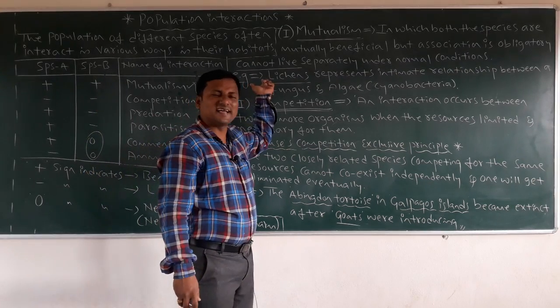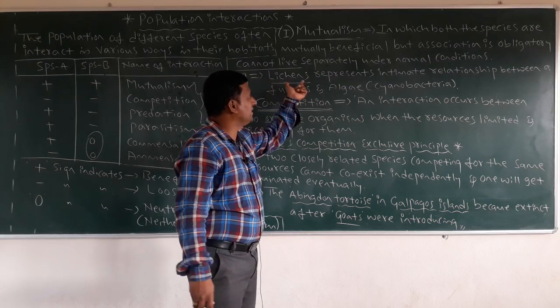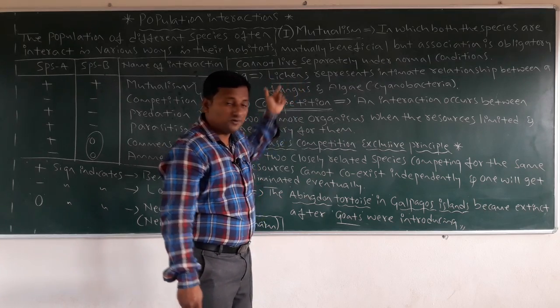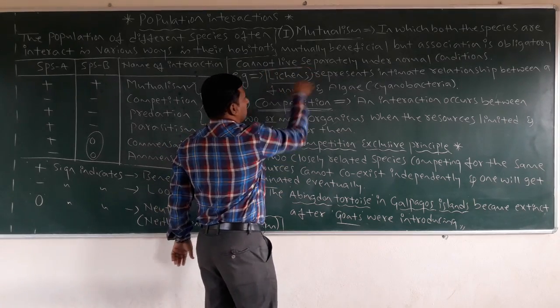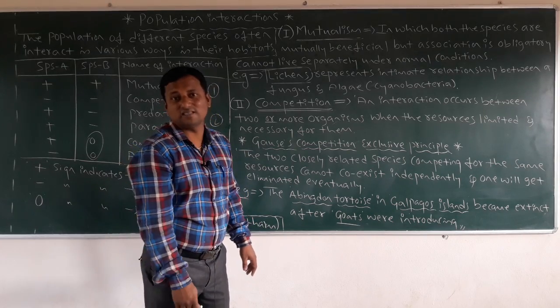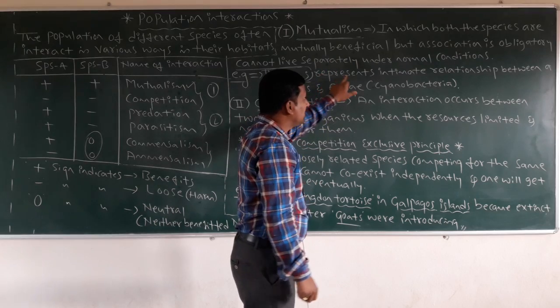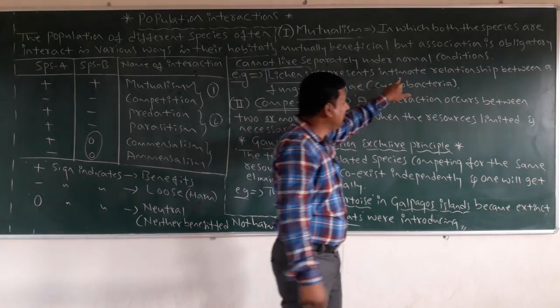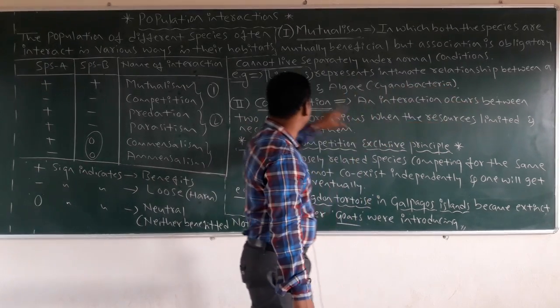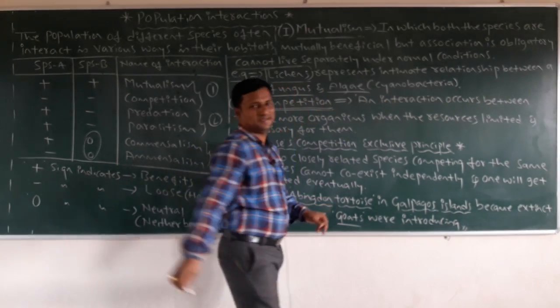There is only one best example given. What is that in mutualism? That we call lichens. You have heard the name of lichens. Those are present on the surface of waters and also on land surfaces in moist areas. Okay, small plants. Lichens represent an intimate relationship between a fungus and algae.